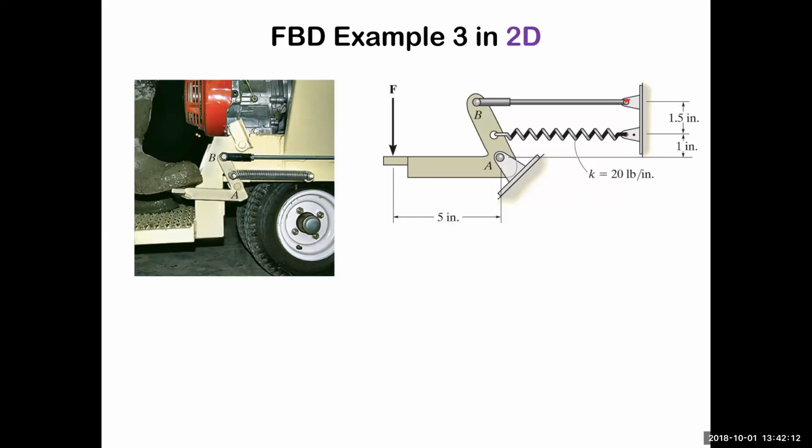So we can draw whatever that thing is, the bracket doohickey, and label all the forces acting on it. So what forces are acting on this guy? At B, somewhere in the middle here, at A. Right, well, we've got this external force acting on it. But what else is acting on that thing?